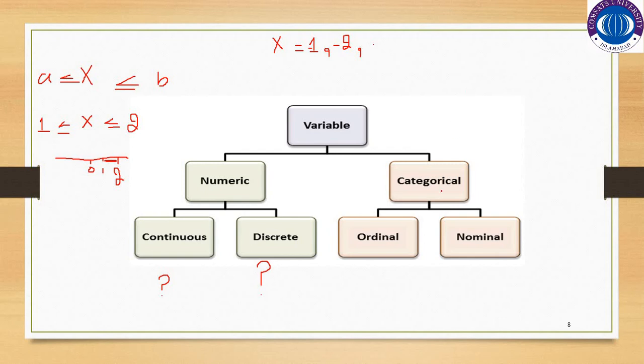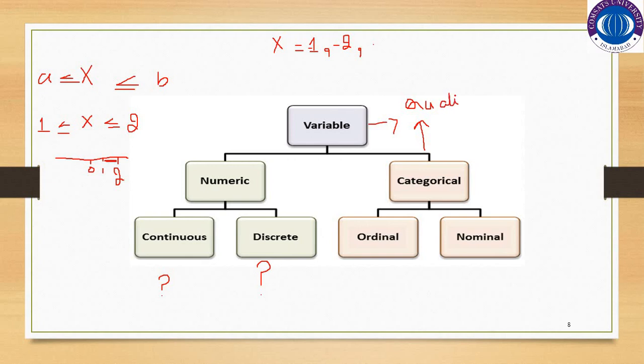And if your variable is categorical, there could be two options. It could be ordinal and it could be nominal. How can we explain it? This is basically for the type of the qualitative data. If you say that your variable is categorical, then obviously your data will be qualitative.